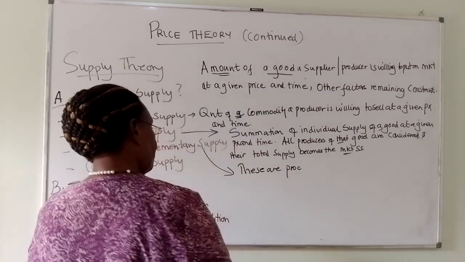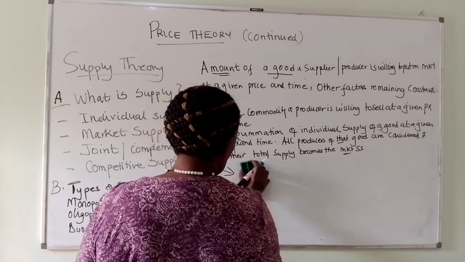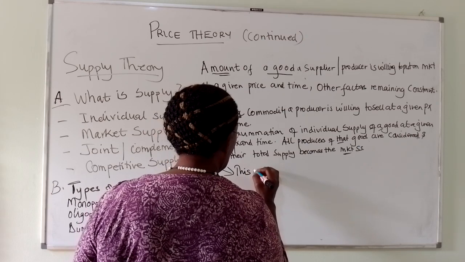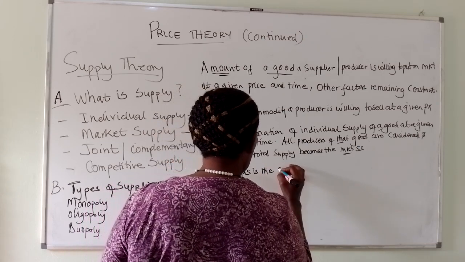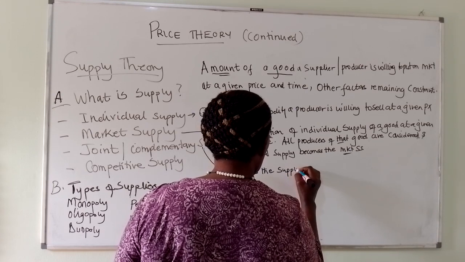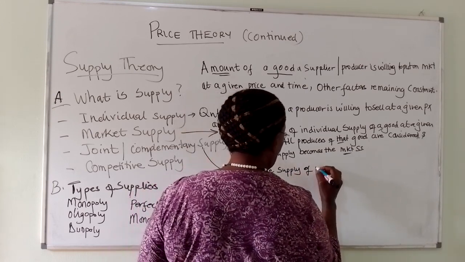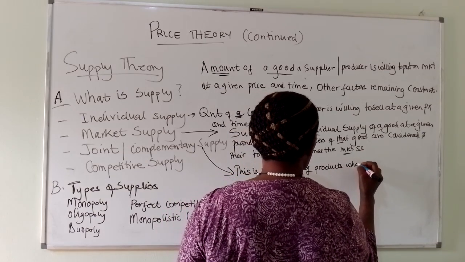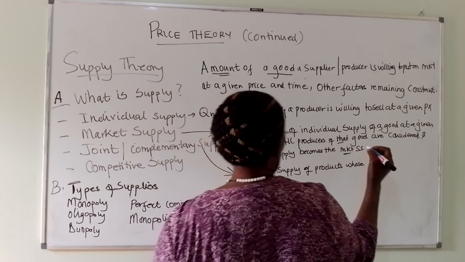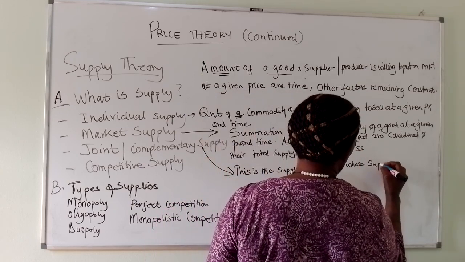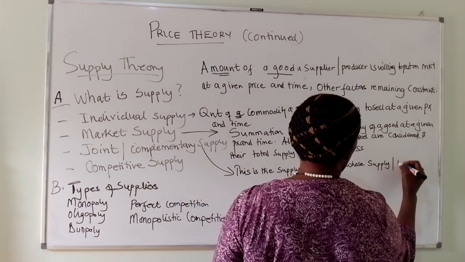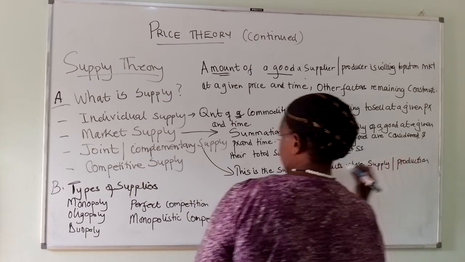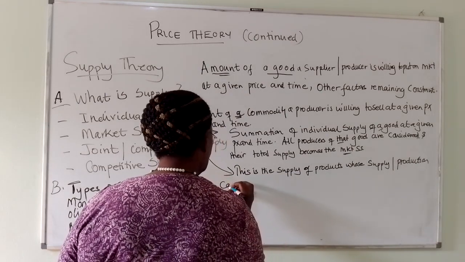This is the supply of products whose supply or production cannot be separated.